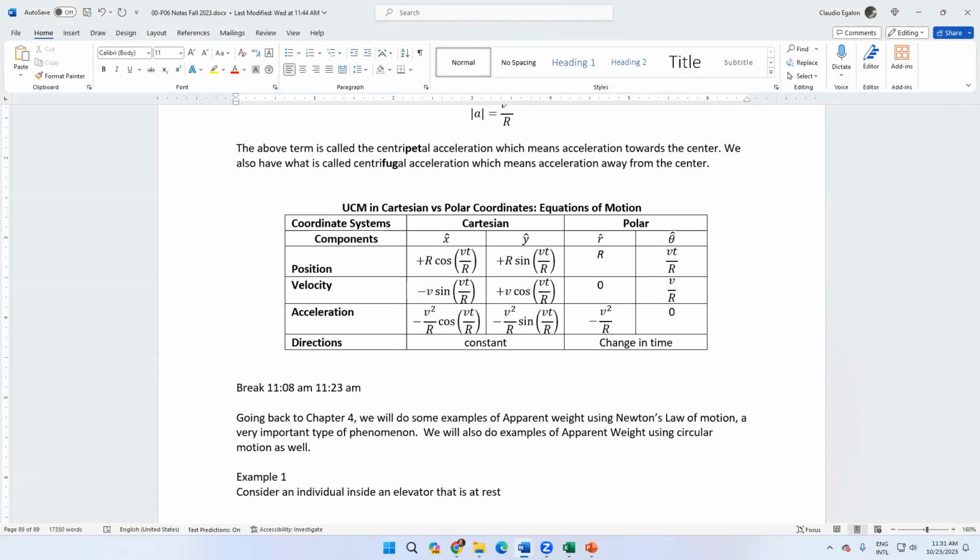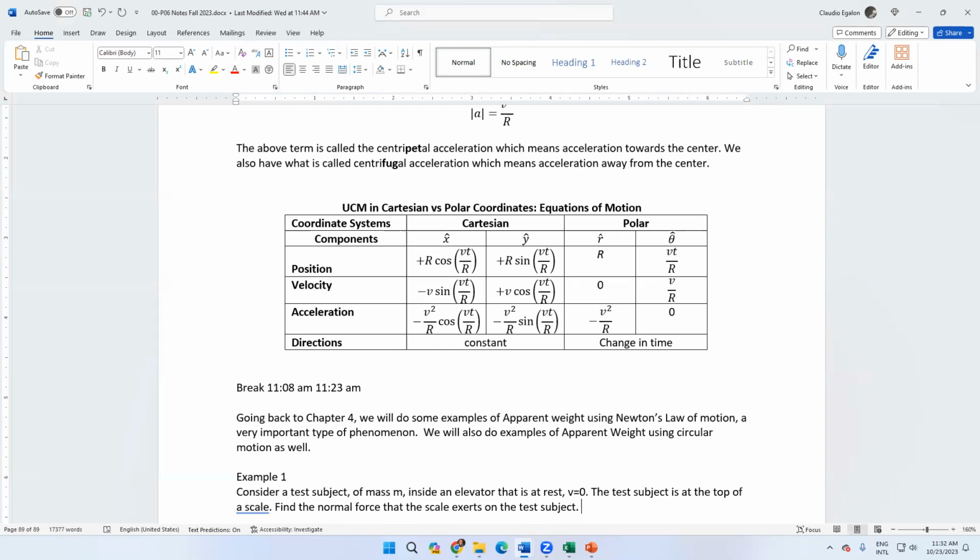I call him the test subject. Inside an elevator, the test subject is at the top of a scale. Find the normal force on the test subject of mass m inside an elevator at rest. At rest means a equal to 0. Find the normal force that the scale exerts on the test subject.